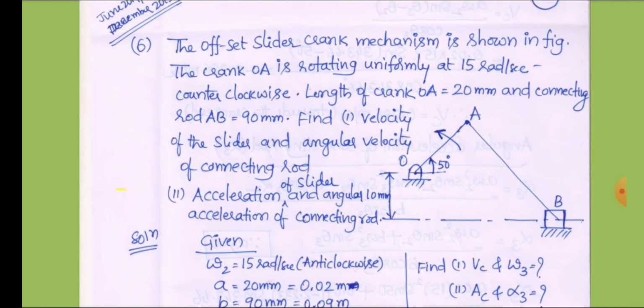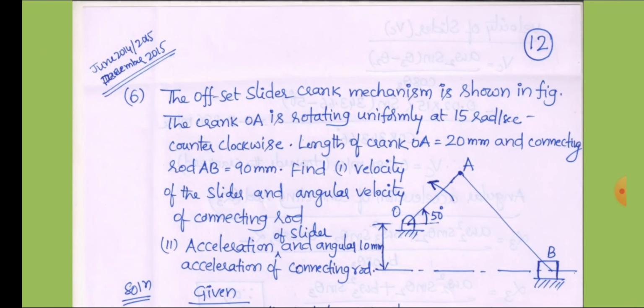Now let us go for the problems on offset slider crank mechanism. This is the problem which appeared in June 2014-15 as well as December 2015.